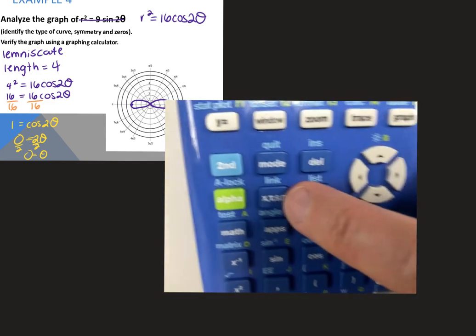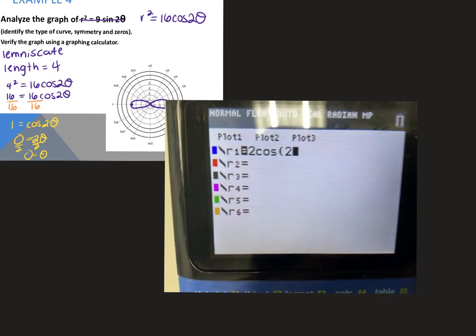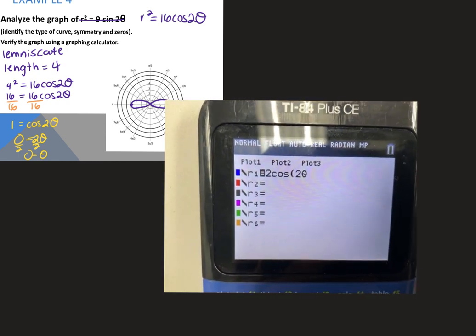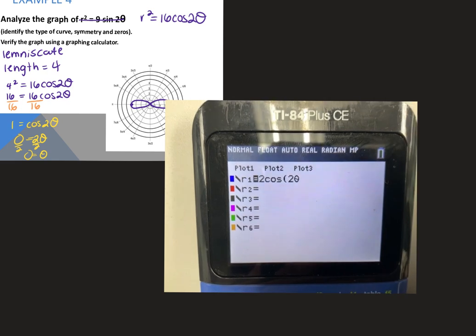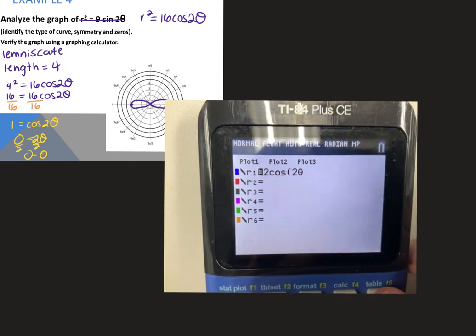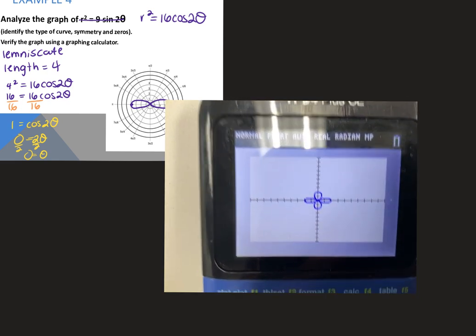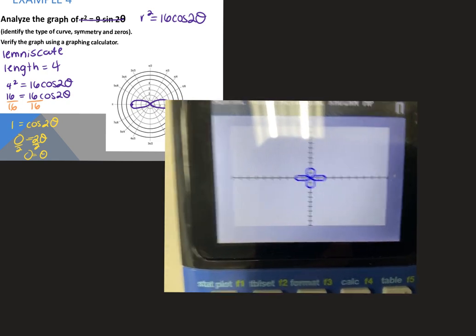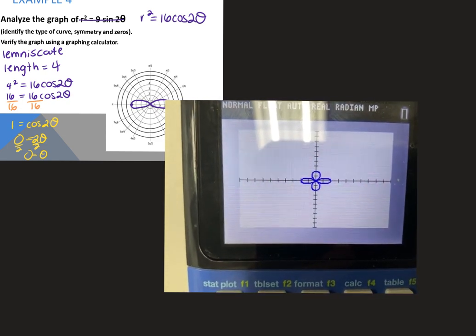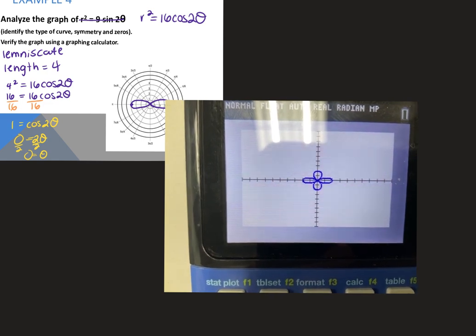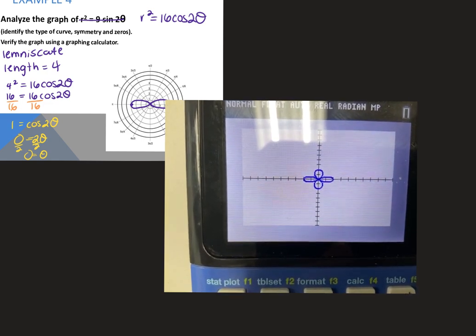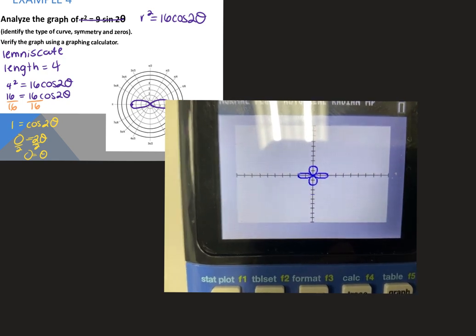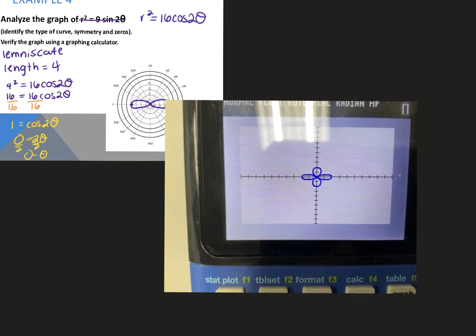When I push that variable button, it now knows it's in polar, so it's going to give you theta. Because you put it in polar, it knows to change x to theta. So the one that we usually use for x, if you tap it, will be theta. If it's not, then you're not in polar.